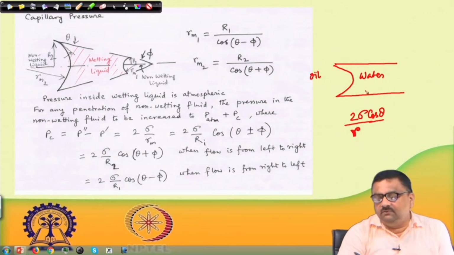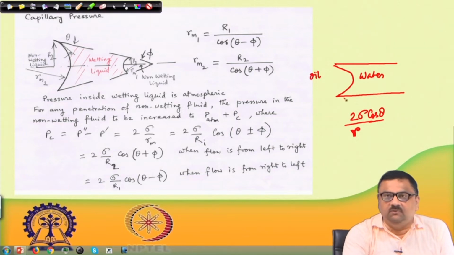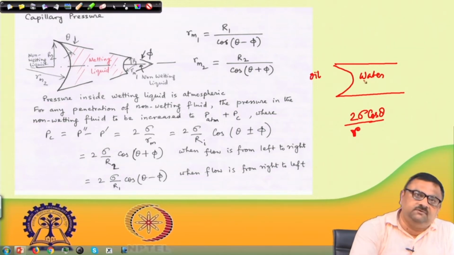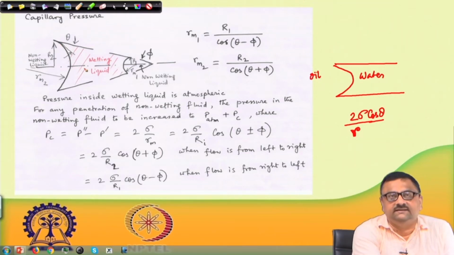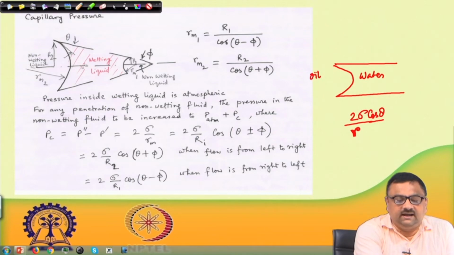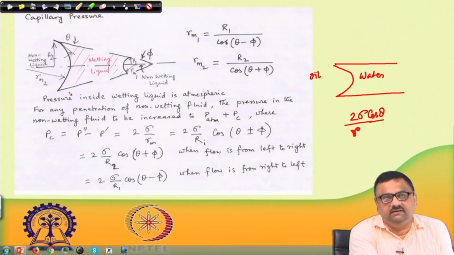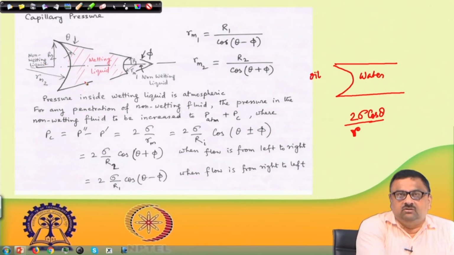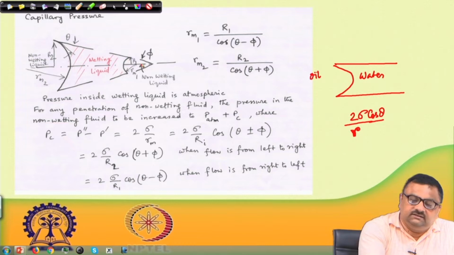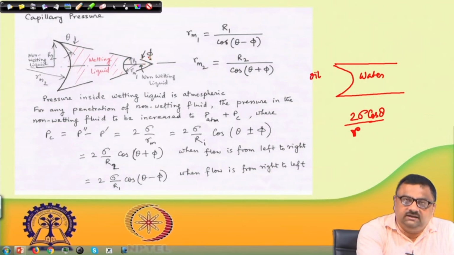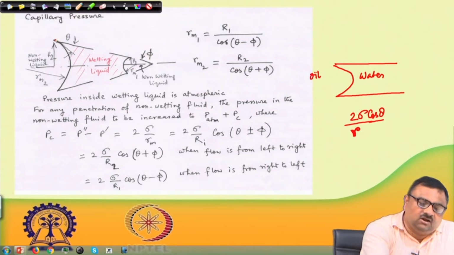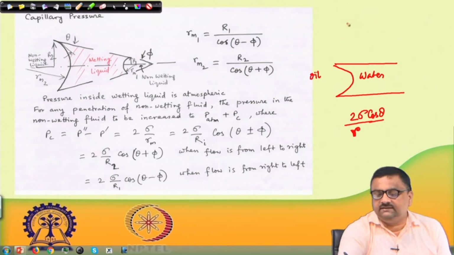Now suppose instead of a cylindrical pore, we are working with a conical pore, and this is how the drawing is given here. Inside it is the wetting liquid, and outside there is the non-wetting liquid. You can see the angle for this cone is given as phi, and the cone is something like this.